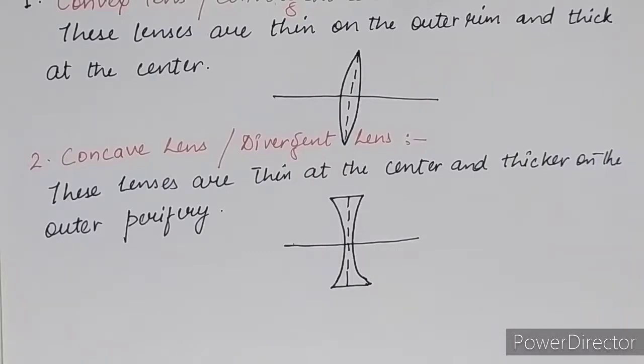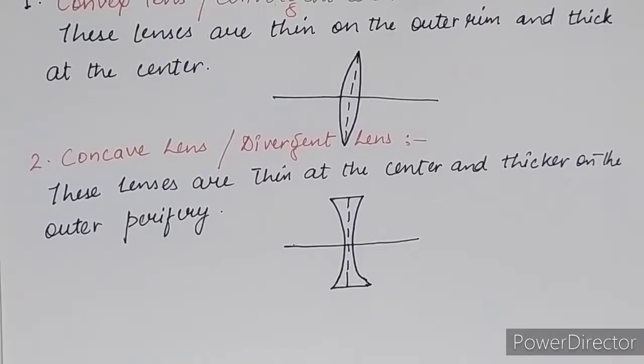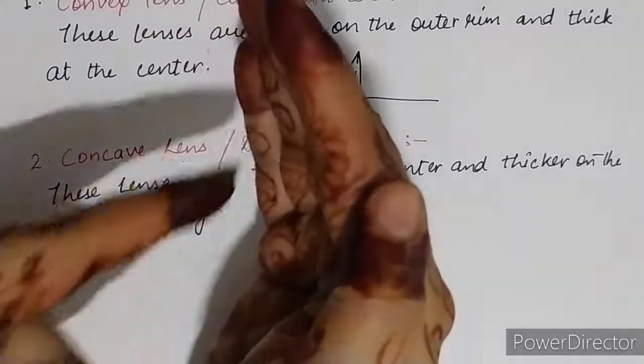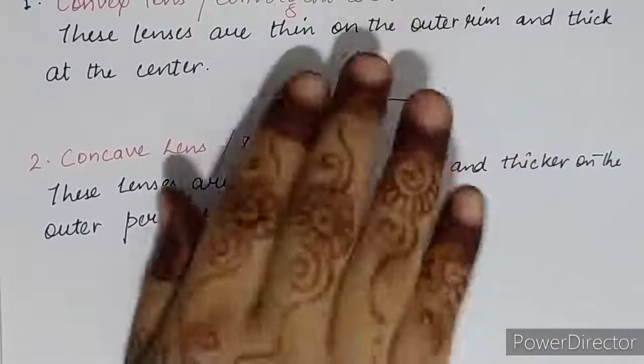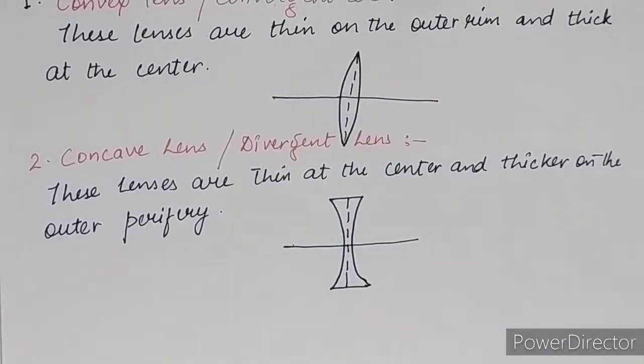The concept which we applied for the concave mirror, we use in the convex lens, and the concept which we used for the convex mirror, we use in the concave lens. Looking at it from the diagram way, we know that the concave mirror has an inward curved reflecting surface and the outward is polished, like this. We have combined two like this.